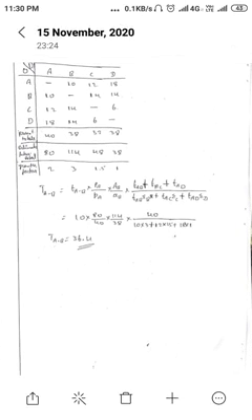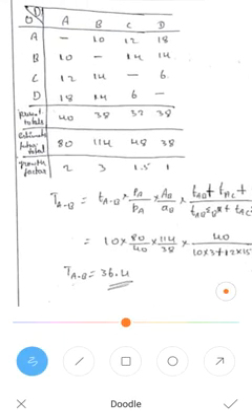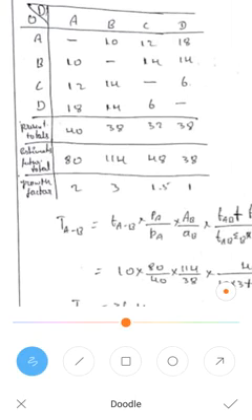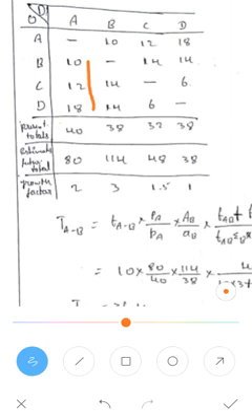Now we'll see the problem based on this fractal method. See here, the origin and the destination points are given. So for the present total, you have to just add and find out the trips. 10 plus 12 plus 18, that is 40.